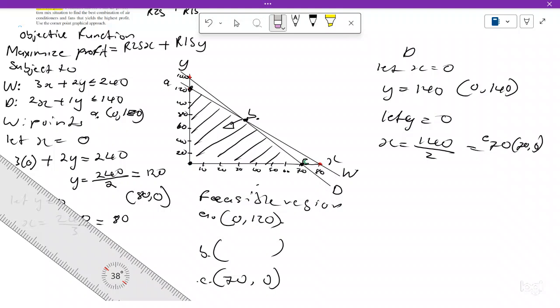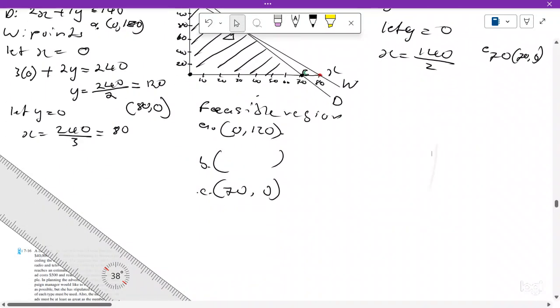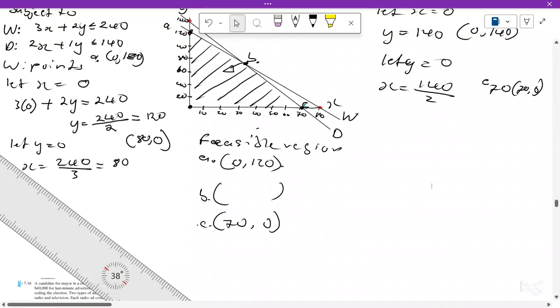Because it's too obvious, the two lines intersect, so we need to equate them. Understand? Because they are together. So in order for us to find this point, we're just going to equate them.